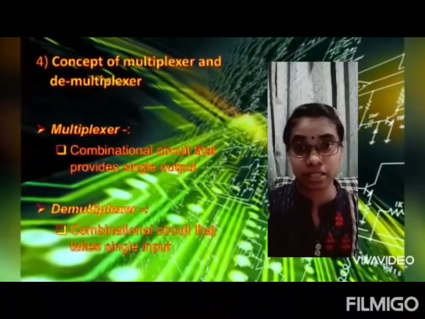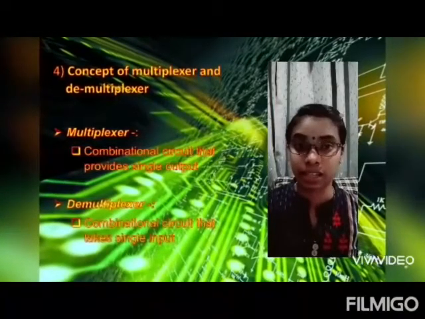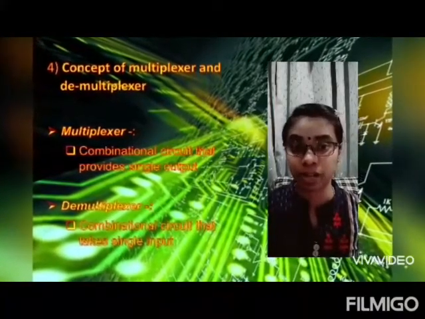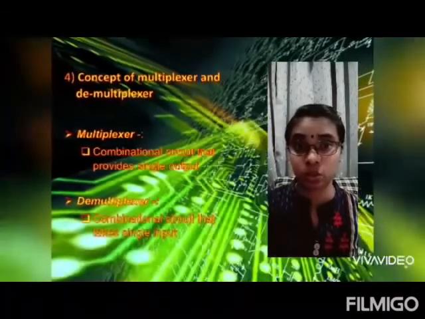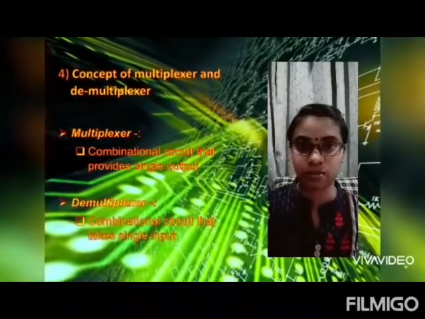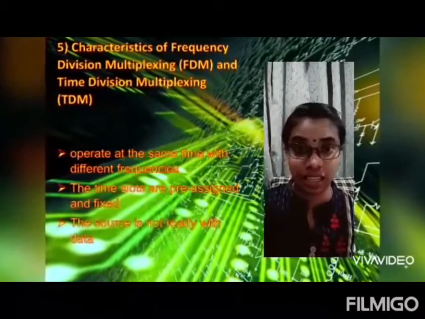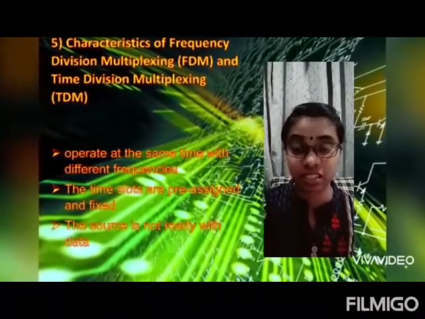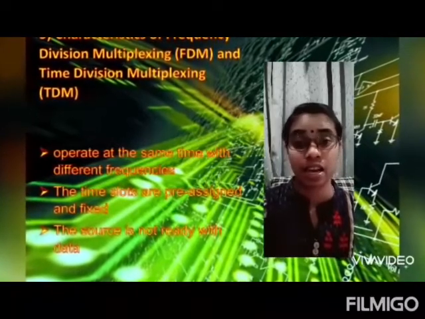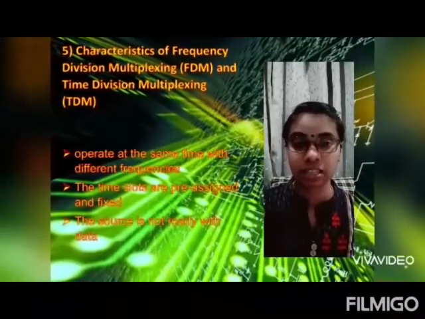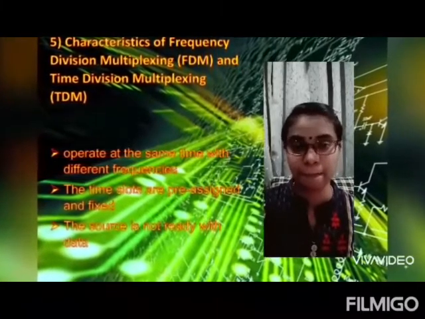A demultiplexer is a combinational circuit that takes a single input, but that input can be directed through multiple outputs. After that, we're going to study the characteristics of frequency division multiplexing (FDM) and time division multiplexing (TDM).